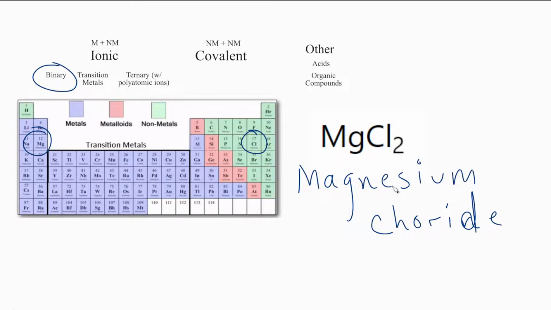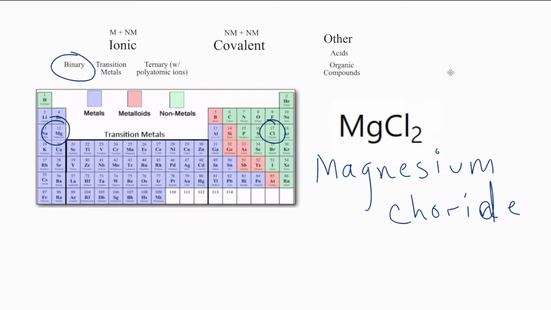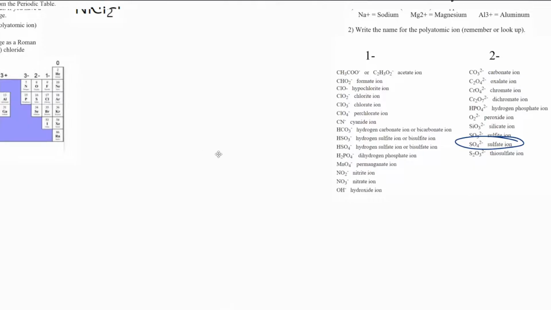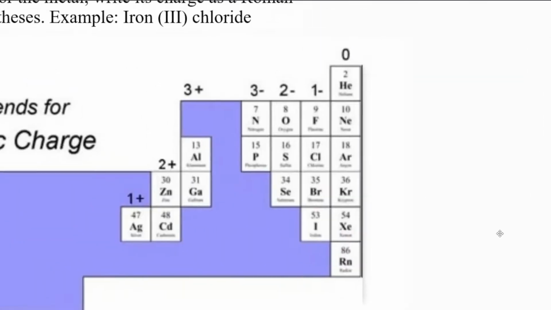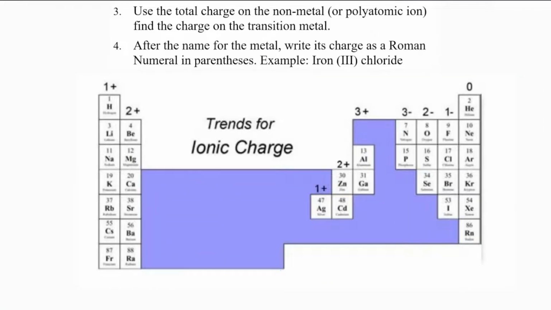Yep. Hania has gotten it correctly. Magnesium, well, you don't want to call it dichloride. It's got to be magnesium chloride. The reason is if I saw the name magnesium chloride, magnesium's right here in group 2, so it's going to be 2+. Chlorine is over here in group 17.